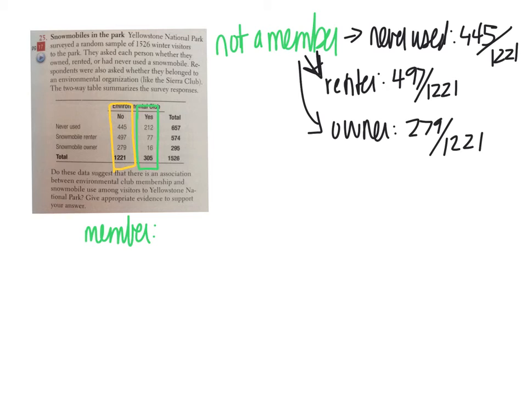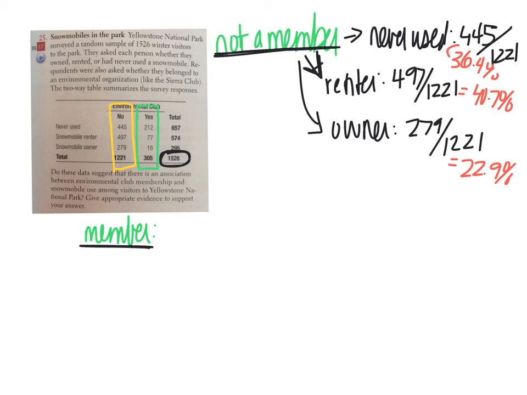I'm not using the big total, this big 1,526, because I'm just trying to see what the percentage is for people that are not a member. So I'm just dividing by the ones that are not members. If I find these as percents, this one up here is 36.4%, this one is 40.7%, and this one is 22.9%.